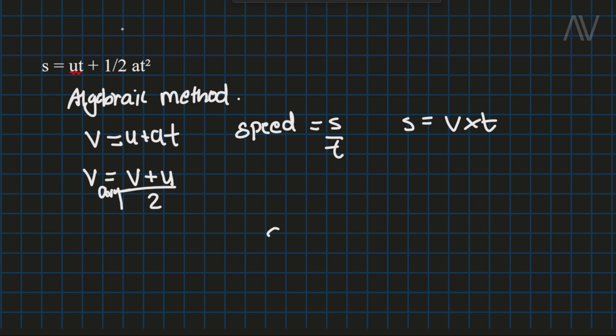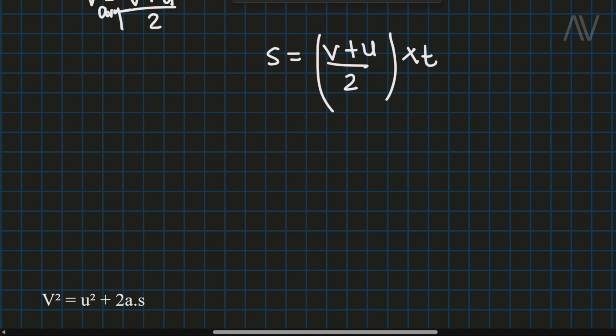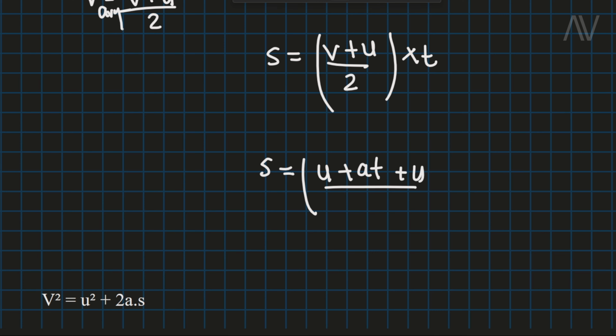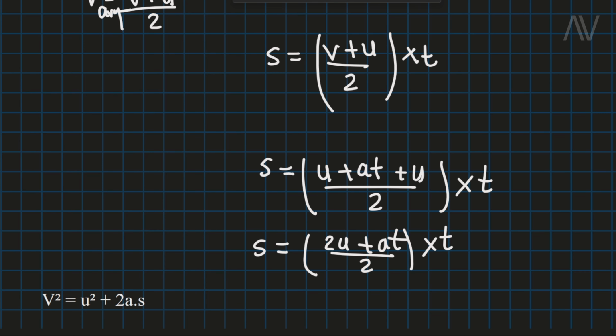If we insert the value of average speed as (v plus u) upon 2 into time, and insert the value of v from the first equation as u plus at, we get s as (u plus at plus u) upon 2 into time.